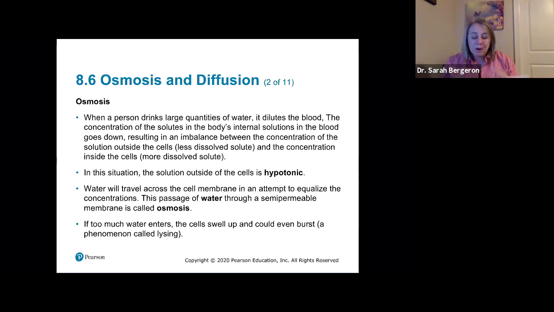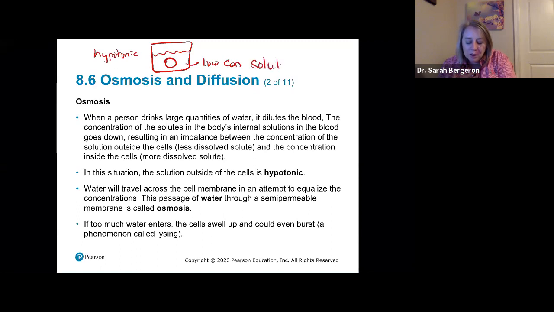And so what I like to think about is I have a beaker full of water, and that's going to be my blood. And then I have a cell. And so this would be a hypotonic solution where we have a low concentration of solute in the blood.